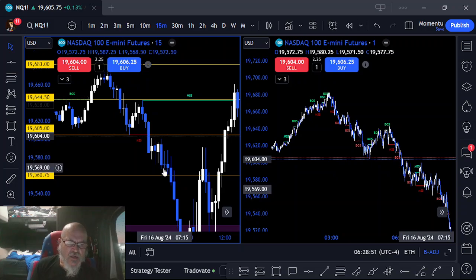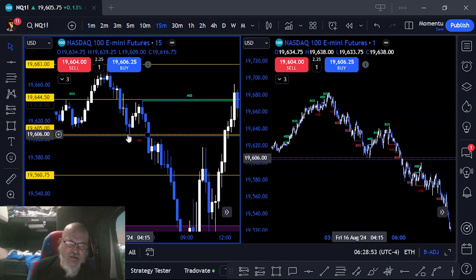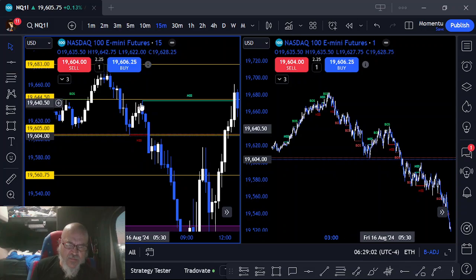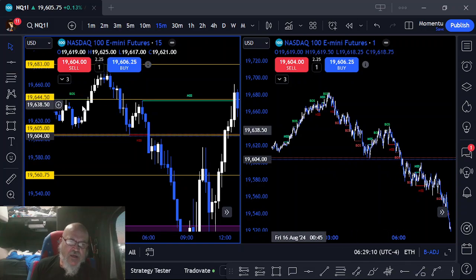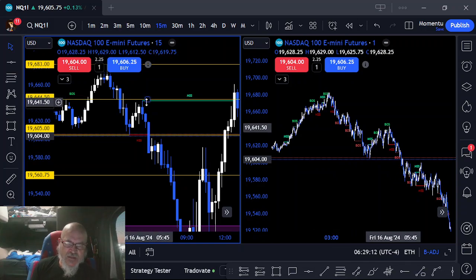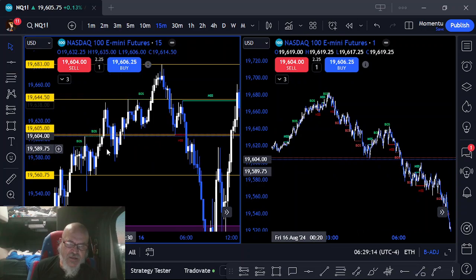And so I know this is the low of the 6 a.m. session. After that, the high is going to be up here, right at this level. I'm not going to mark another level there because it's basically the same as a time-based liquidity level that's already been placed.